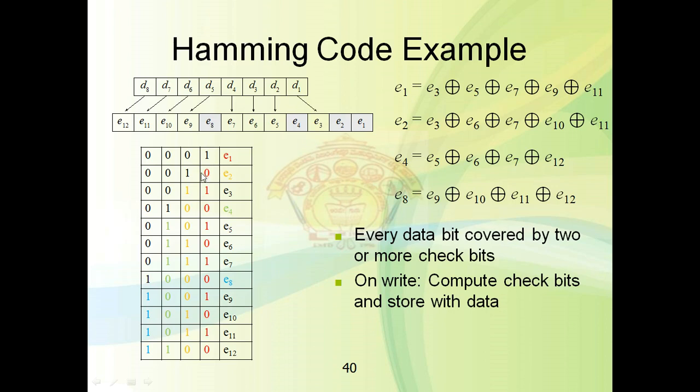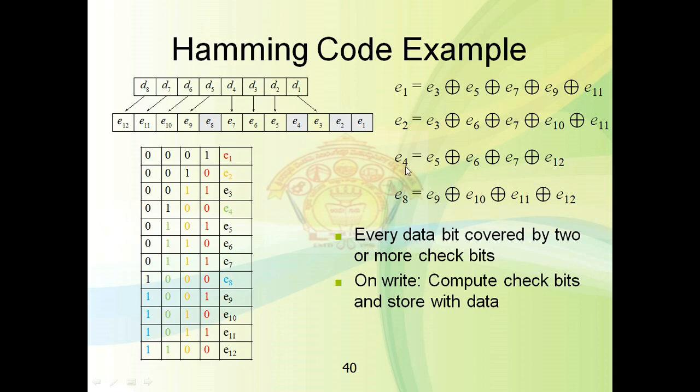So for E2, E3, E6, E7, E10, E11, these bits we have to collect and XOR them. Therefore E2 is equal to E3 XOR E6 XOR E7 XOR E10 XOR E11.